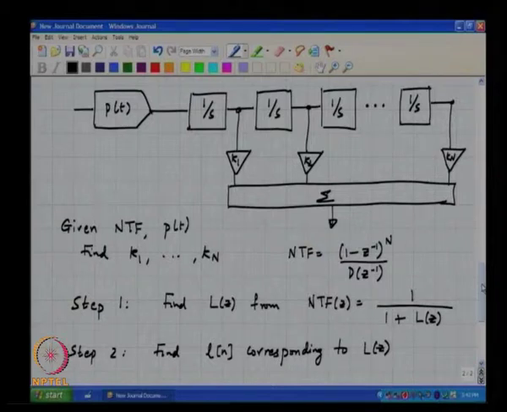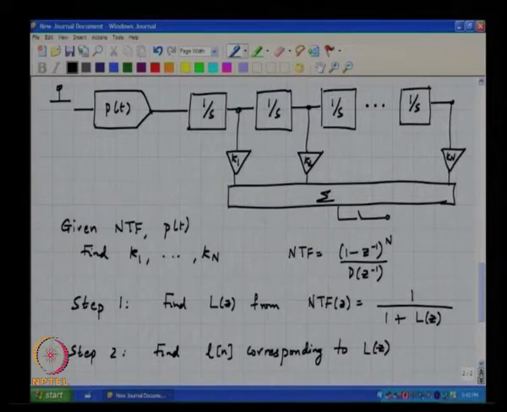So, what I will do is notice the following. I am trying to find the sampled output of the impulse response of p of t cascaded with this chain of integrators where the weights of the integrators are at this point variables that we need to solve for, correct.